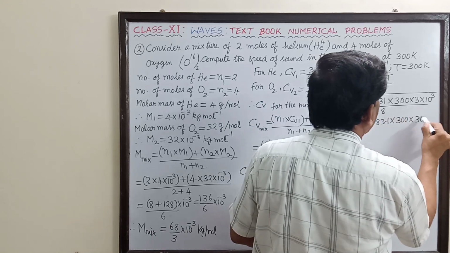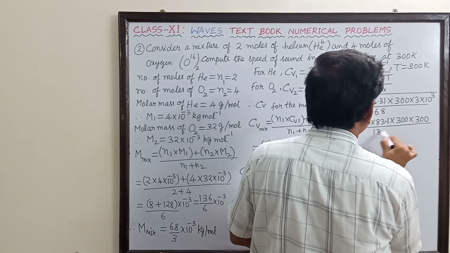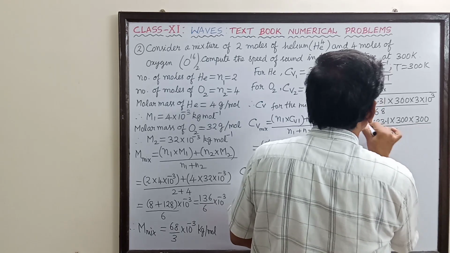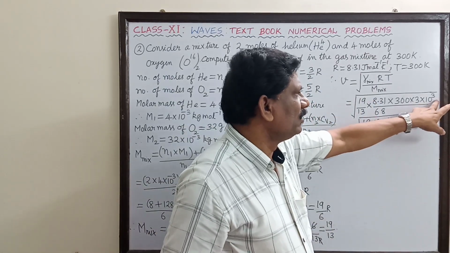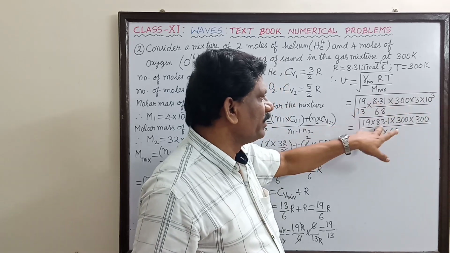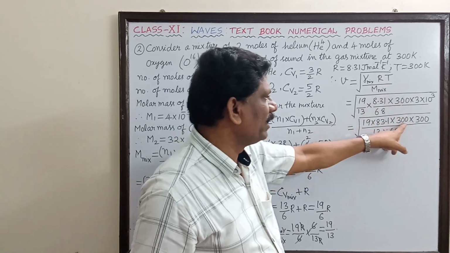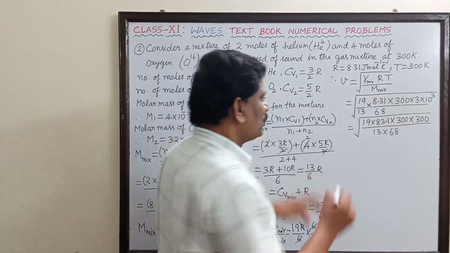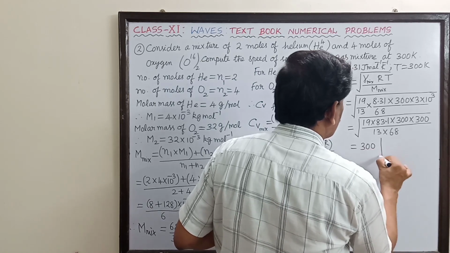So this will be 300 whole divided by 13 into 68. Okay, so this 3 into 10 power 3 is 3000. 8.31 has become 83.1. So 300 into 300 is inside the square root, which means one of these can be taken out. So this is now equal to 300 into square root of.